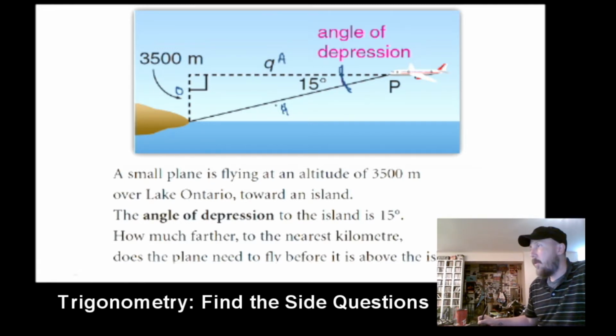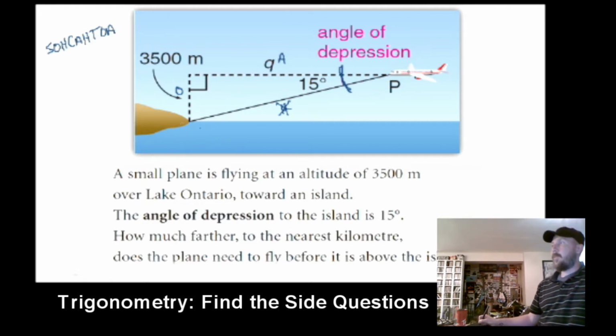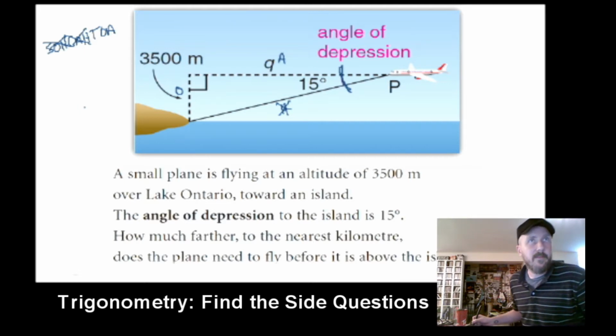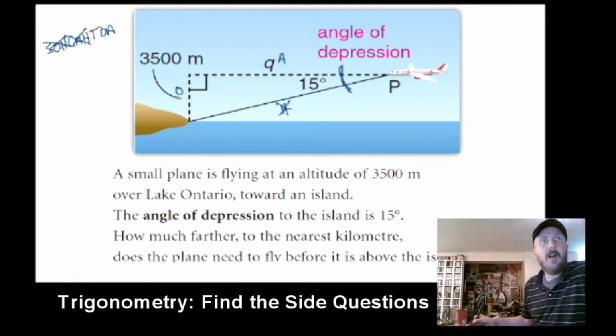Okay? I don't know anything about the hypotenuse. I'm going to write over here my SOHCAHTOA. I don't know anything about the hypotenuse, so that cancels out cos and sine because they both have hypotenuse stuff with it, right? So all we've got are opposite and adjacent. That means we have to use tan.